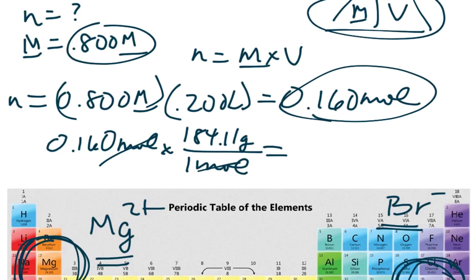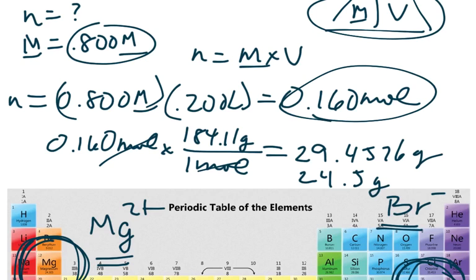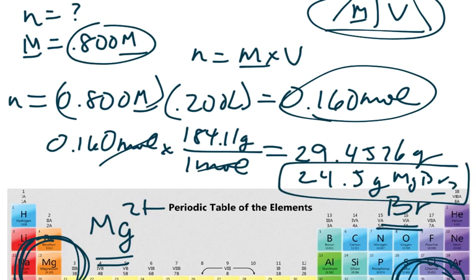Okay, and I calculate that as 29.4576 grams of MgBr2, and I would probably report that as 29.5 grams of MgBr2. So that's my answer.